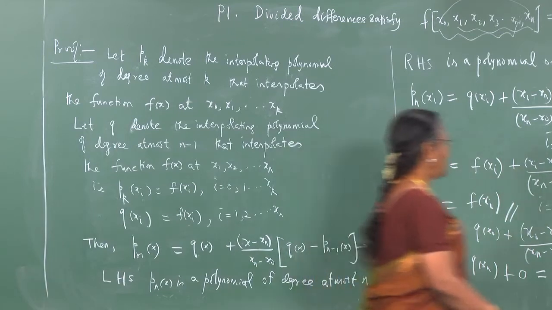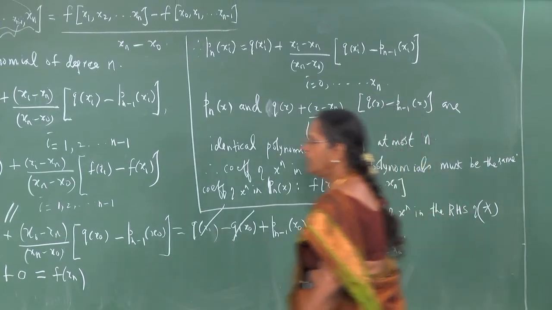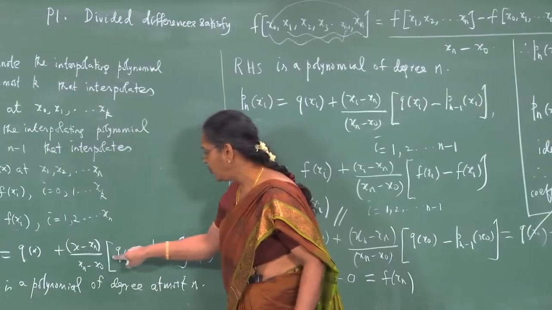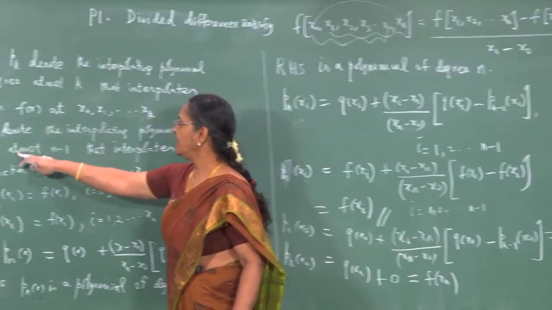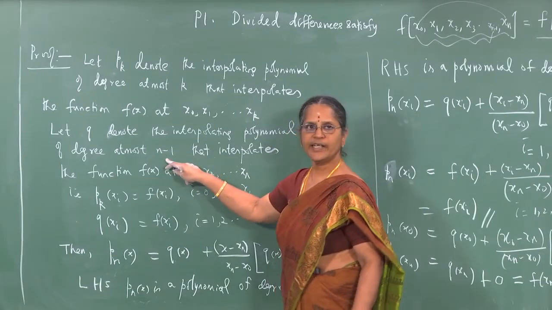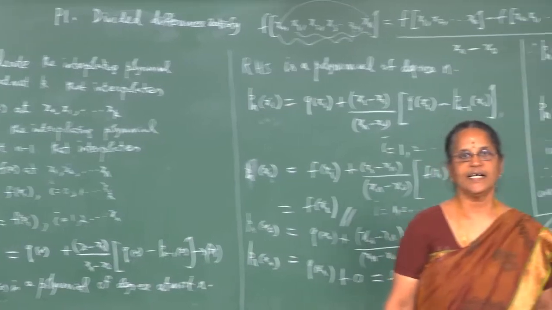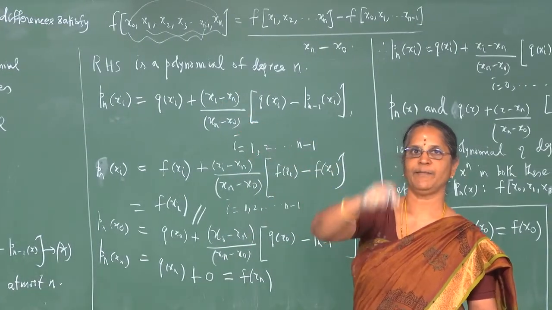So, what is the coefficient? That is 1 by xn minus x naught into the coefficient of x to the power of n minus 1 in q of x. And we know q of x is a polynomial of degree at most n minus 1. Again, we recall the divided difference interpolating polynomial, and what is the coefficient of x to the power of n minus 1?